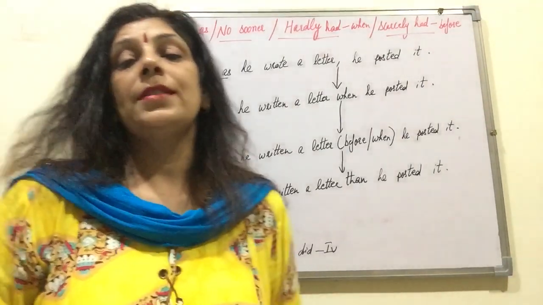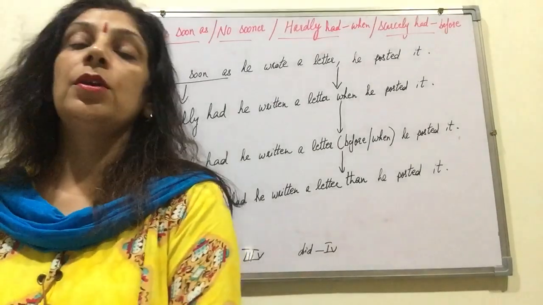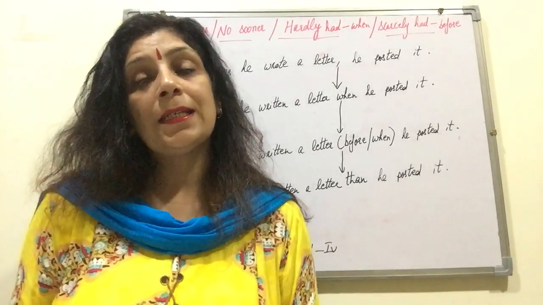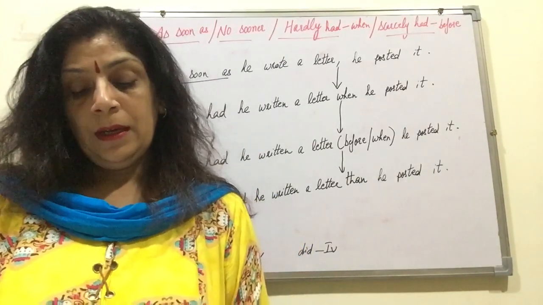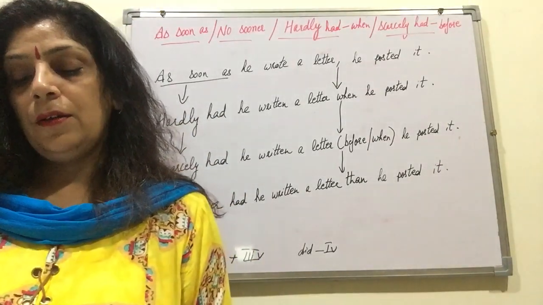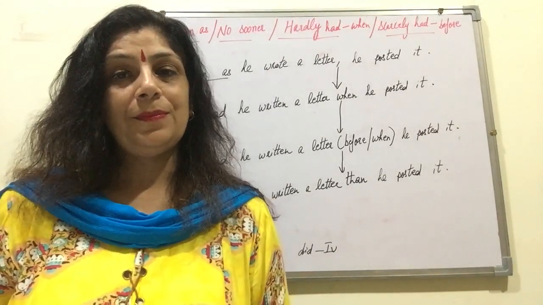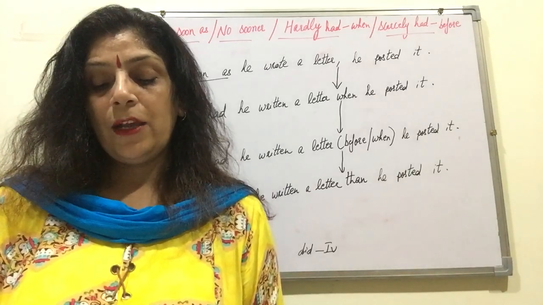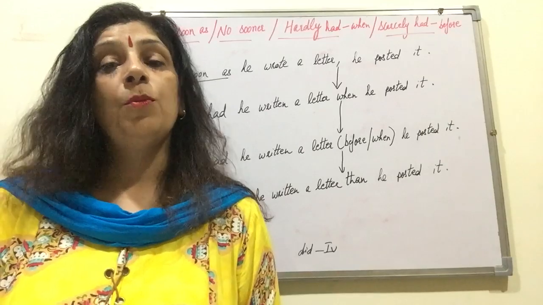So I hope this chapter of transformation, as soon as to no sooner or hardly and scarcely, is clear. So please do write down a few sentences and try to interchange them from one to another. Number 1, as soon as he saw his father, comma, he started to cry. Number 2, as soon as I got the news, comma, I left for Mumbai.